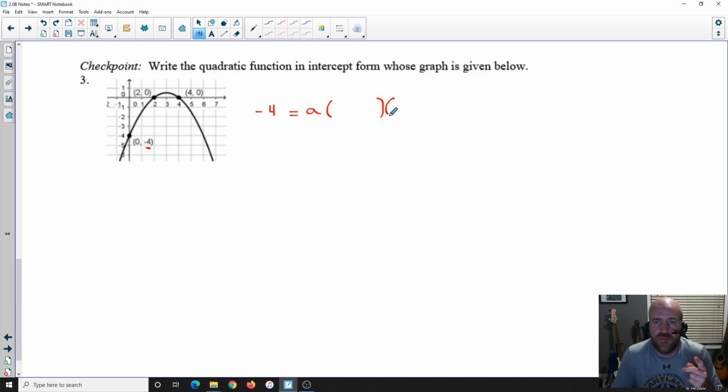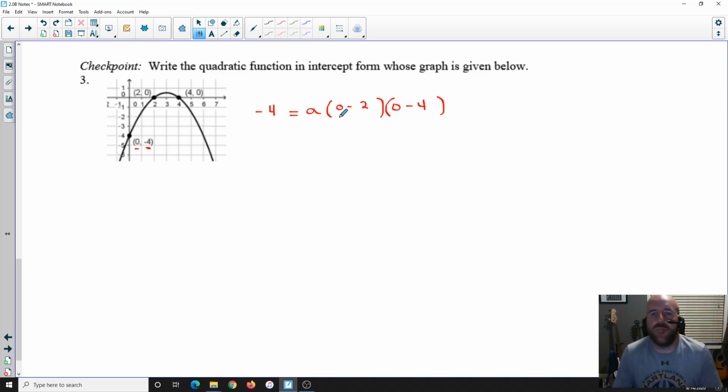Okay, so we have our parentheses, x minus x1. And the x is from here, so 0. That goes into both spots. And then our intercept here. And we're going to subtract our intercept, which is 2 and 4.